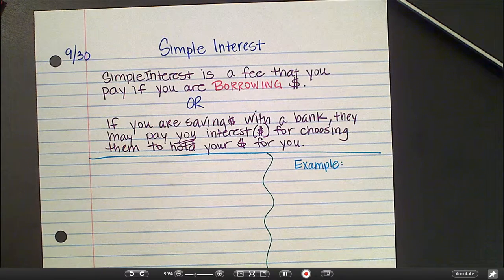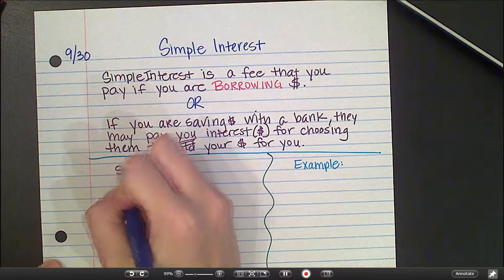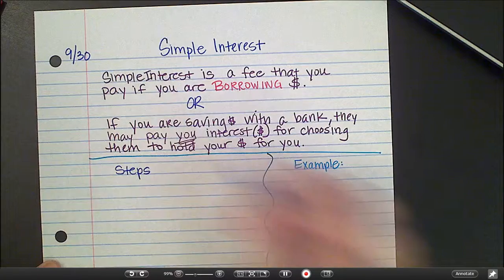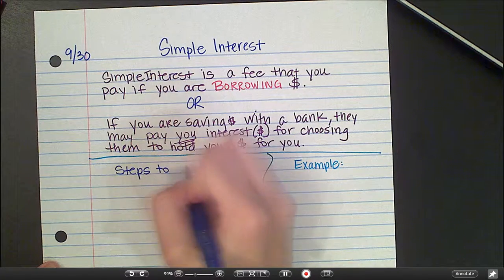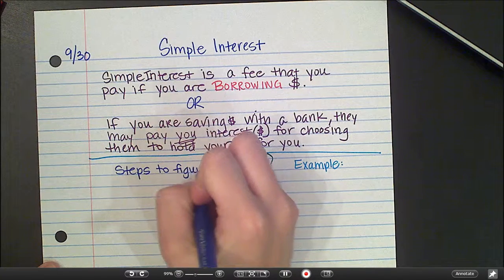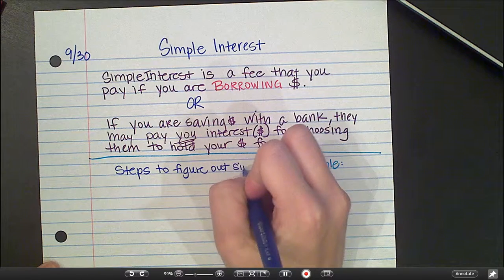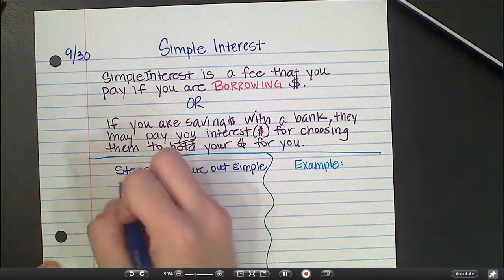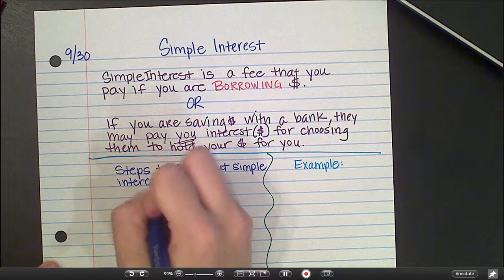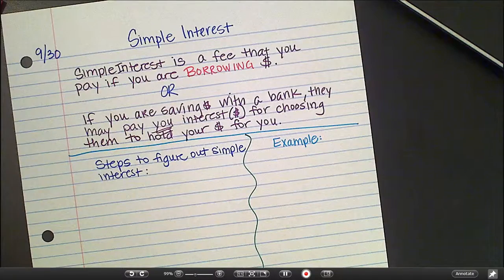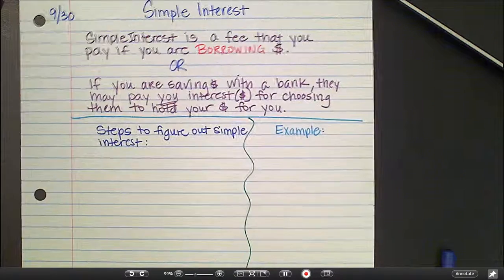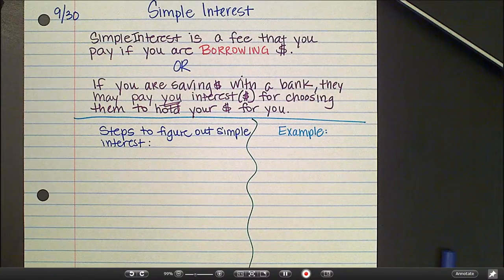And over here, we're going to write steps to figure out simple interest. Okay. So you should have everything I'm writing. I want to make sure you're caught up, make sure you're writing everything down, and make sure you can read it, because it's not going to do you any good if you can't read your own notes.